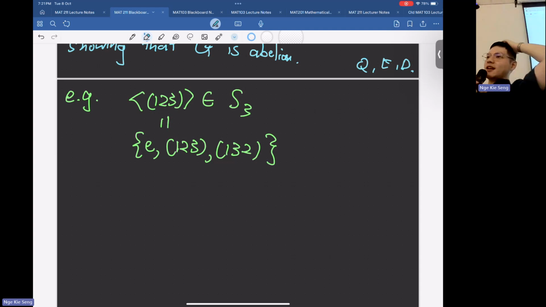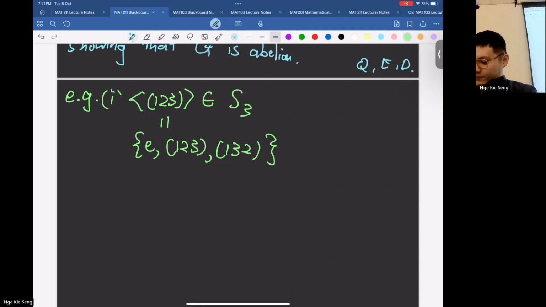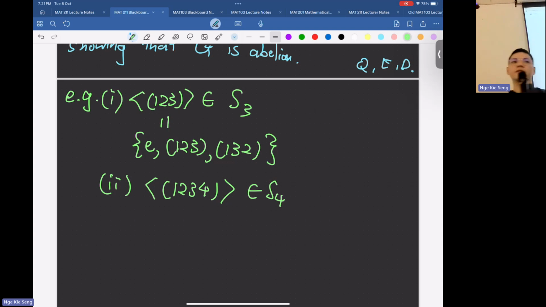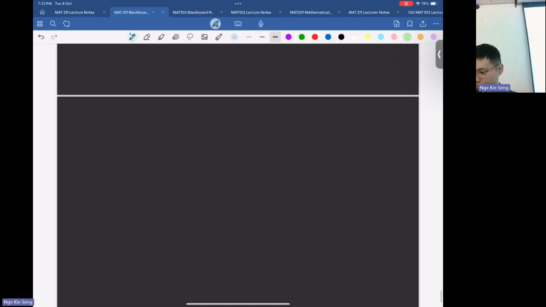Let's think. What's the larger thing? Maybe look at (1 2 3 4) in S4. Look at this. Is the composition there abelian or not? Try yourself. Try at home. Convince yourself. So let's go on.